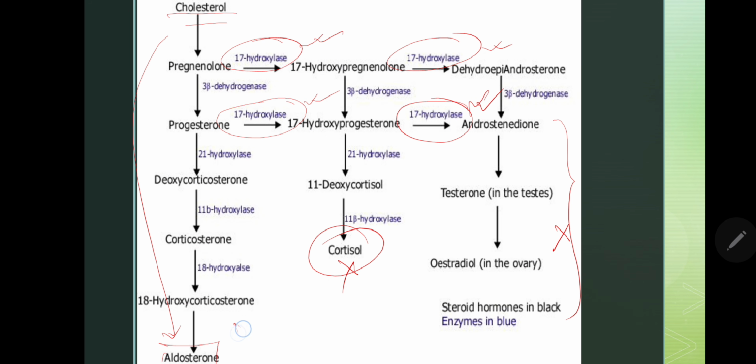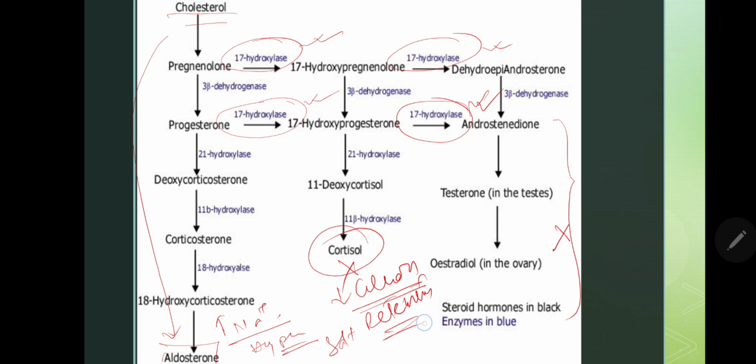So there is increased sodium in the body, and there is hypertension. The child presents with hypertension, and there is a decreased glucose level, that means salt retention type. And also the patient does not produce testosterone hormone, and androgen hormone is also not there.